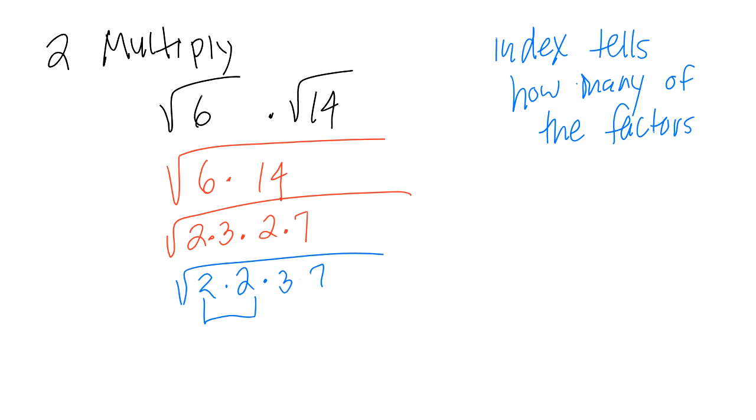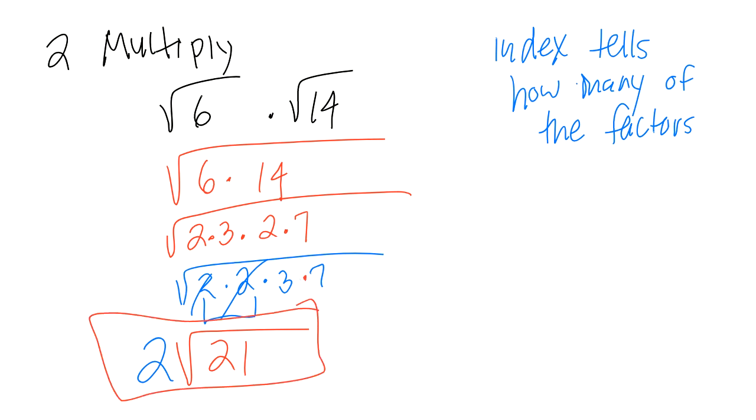So then cross out a 2 here and a 2 there, and then I have a 2 outside, a big 2 now. And then anything that's left inside, I just multiply it and get 21. 3 times 7 is 21.